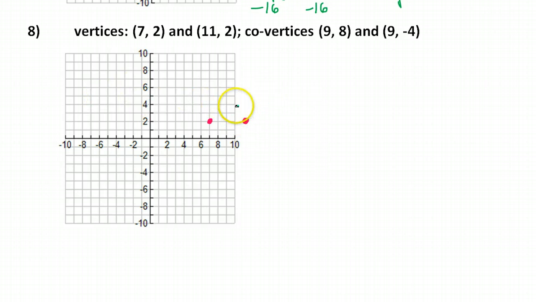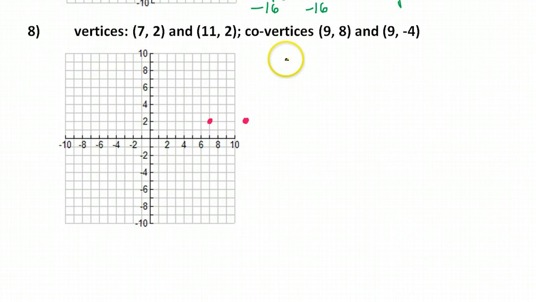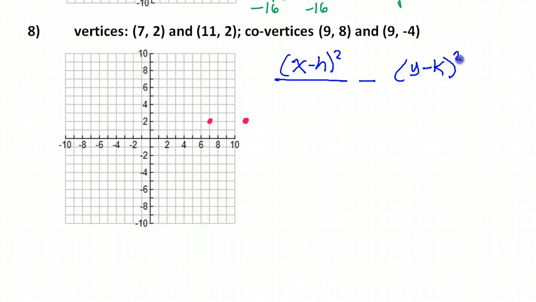Right away that tells me that we have a horizontal hyperbola, so the x values will come first. It'll be x minus h squared over something minus y minus k squared over something equals 1. Also, we should know what the center is.